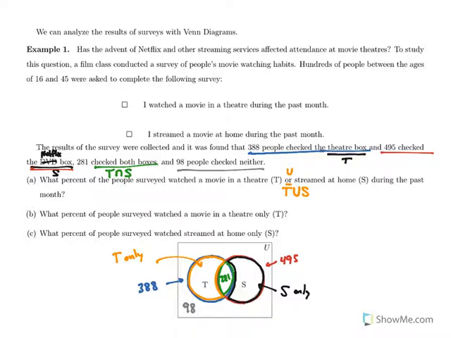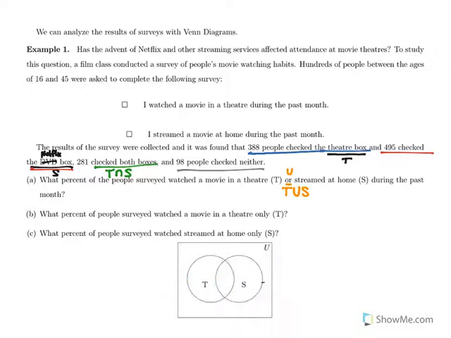So how can we do that using this picture? Well, I'm going to erase some of this stuff real quick. We know that there are 281 in the intersection here. And we know that there are 388 in T, that circle total.